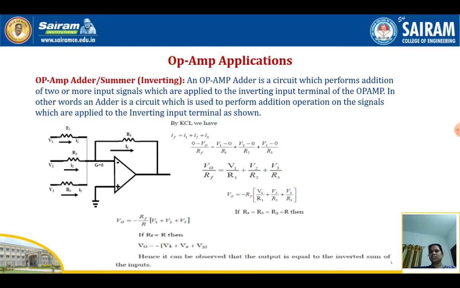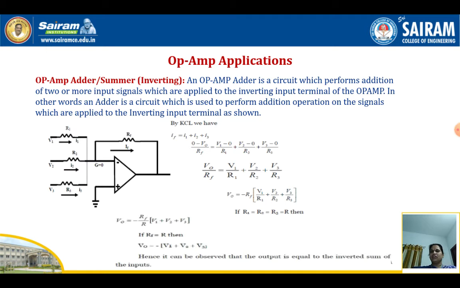Since the non-inverting input is grounded, by using the concept of virtual ground, we can say that the inverting input terminal is also at ground. Hence it is written as V is equal to 0 in the diagram. With the help of Kirchhoff's current law, considering this as a node, whatever current flows towards the node is equal to the current flowing out of the node. So we can write IF is equal to I1 plus I2 plus I3.